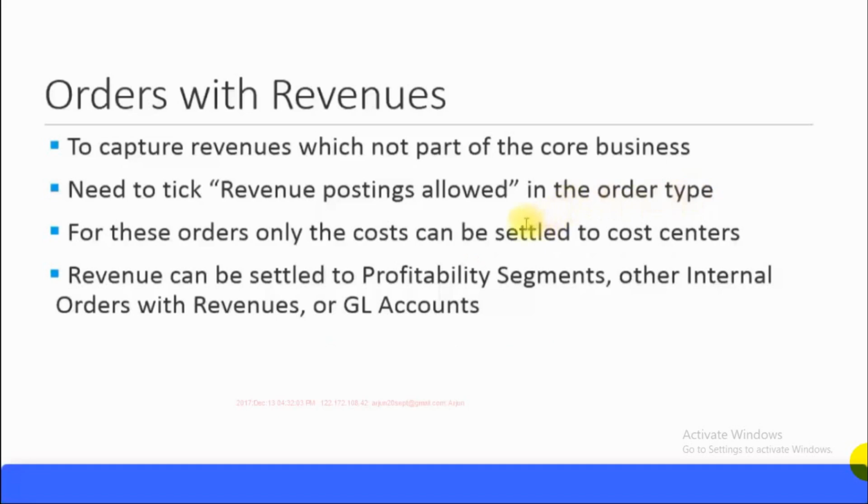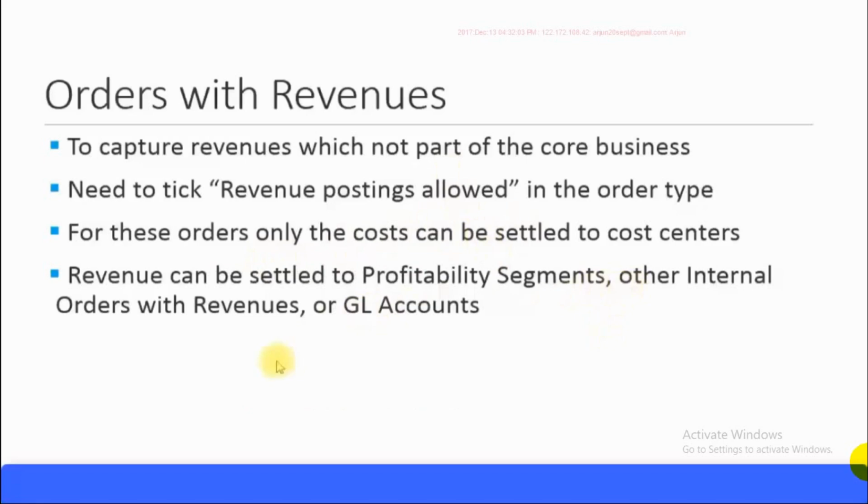Only the expenses can be settled to cost centers if you have these orders with revenue, because remember, cost centers have revenue postings which are statistical only. They can't have real revenue postings, so you can't settle the revenue portion to your cost centers. You need to settle your revenue portion to profitability segments, other internal orders with revenues, or different GL accounts.